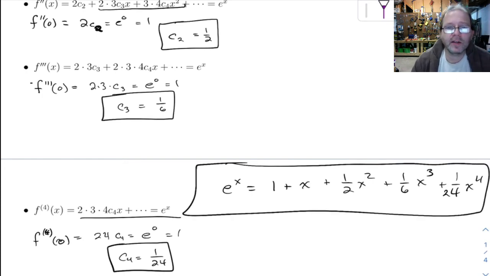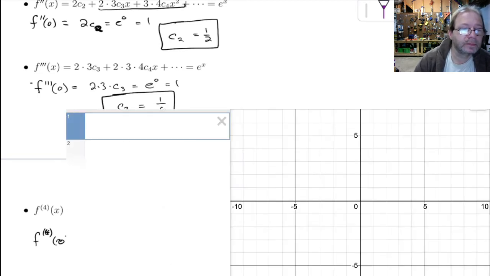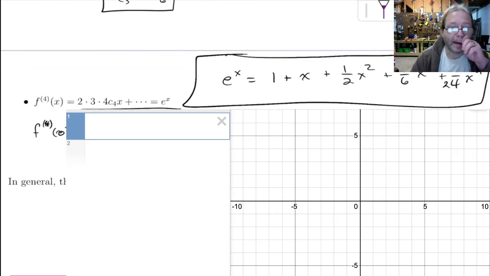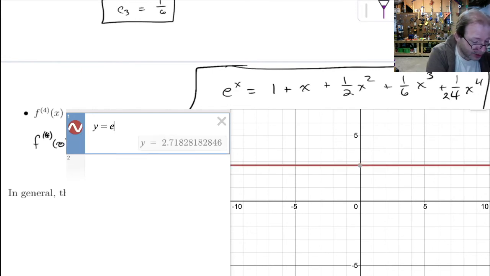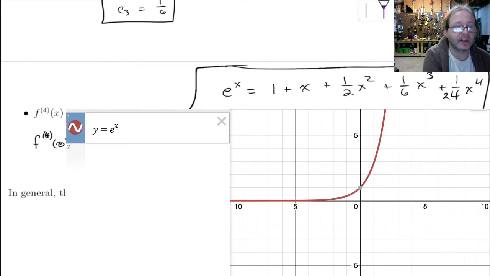All right, let's compare this to the graph. On Desmos here, I'm going to put in two things. I'm going to put in y equals e to the x, which looks like that.